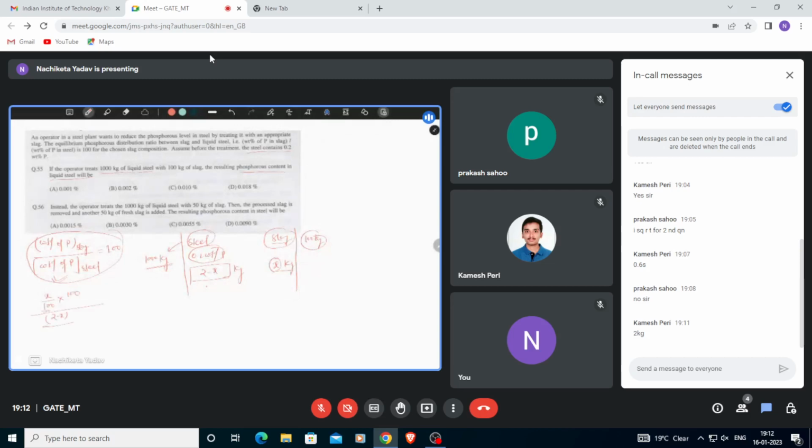The total amount of steel is 1000 kg, into 100, and it is equal to 100. So can you find out what the x value is? Are you guys solving, right?